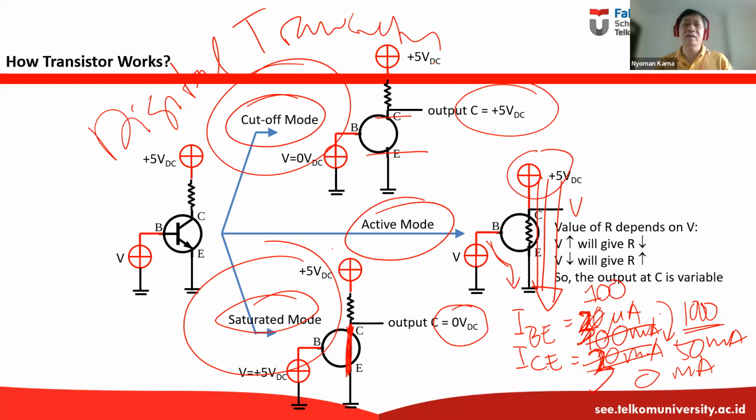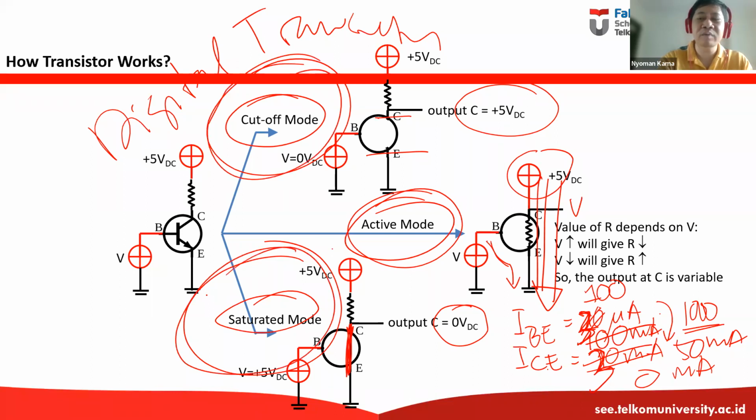So that's why we cannot use active mode for the transistor in the digital world, but we use the cutoff mode and the saturated mode. Why? Because the output voltage is definite, either 0 or plus 5 volt.